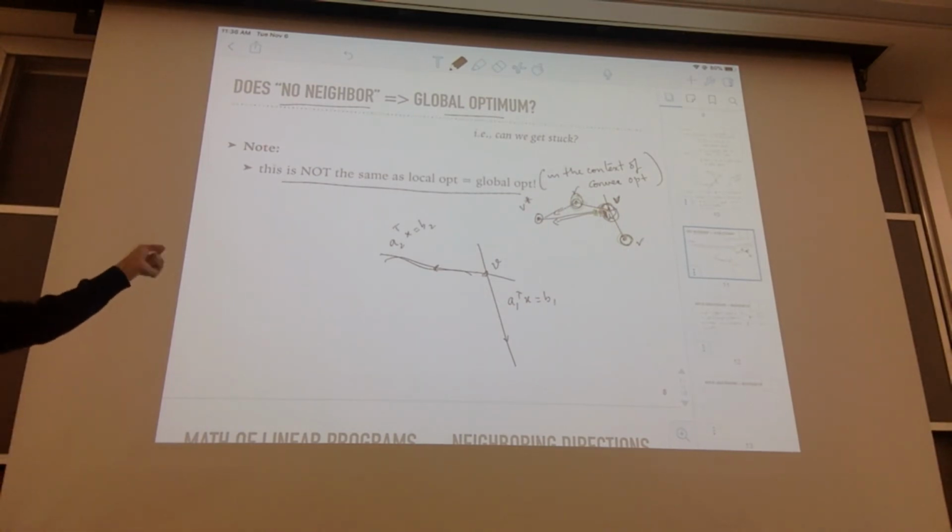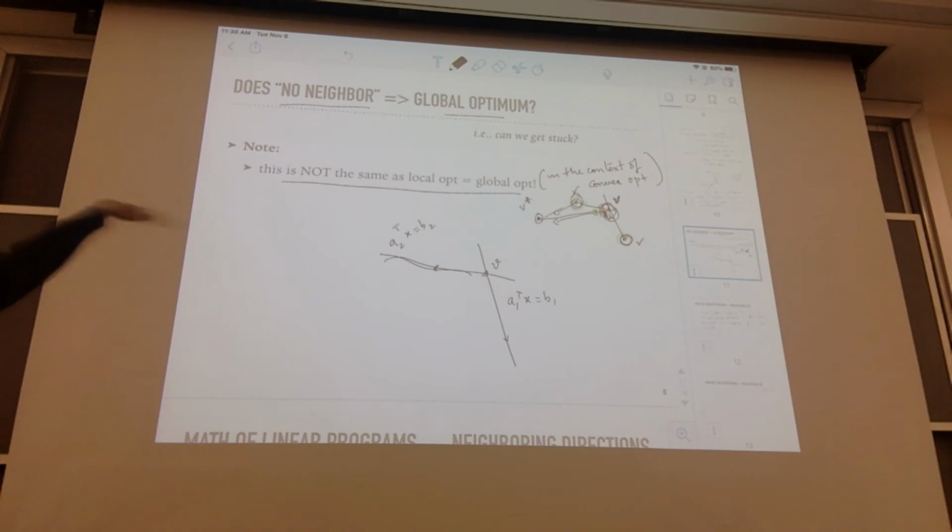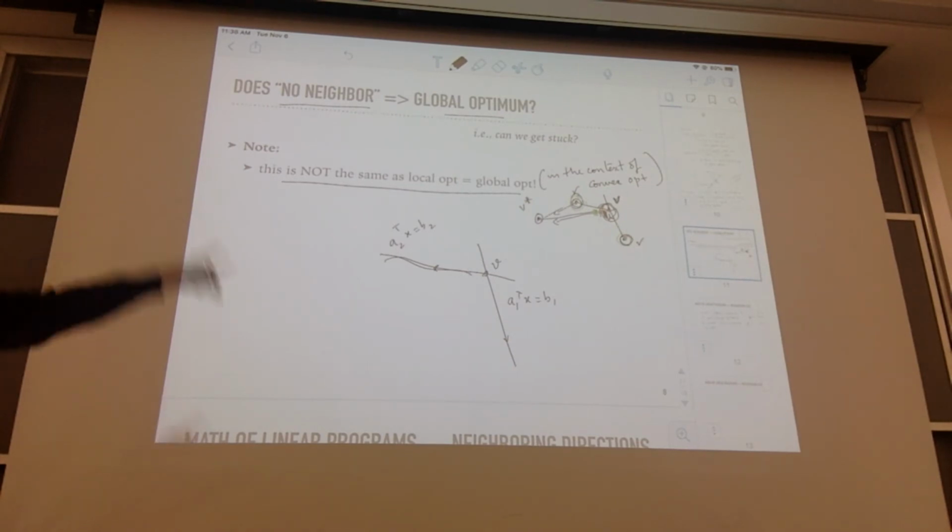And V1, I'm defining it as something that is lying on that line, but not on this. So this direction is V1, because I'm dropping A1.